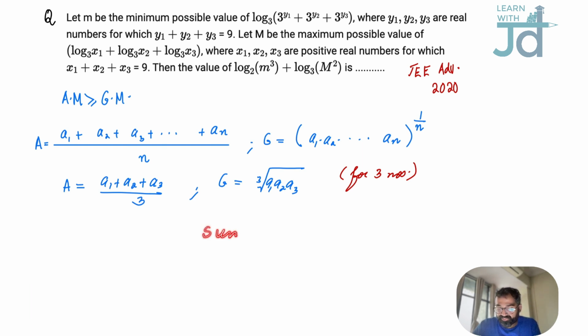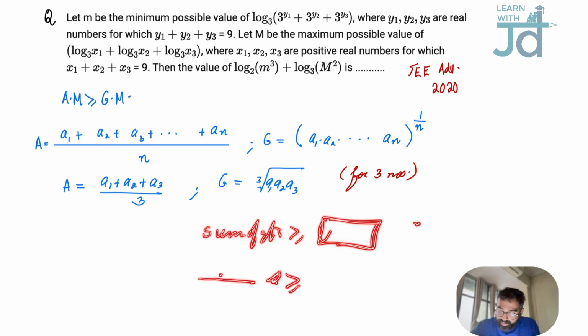When the sum of quantities is greater than or equal to some number, or we can say the product is always like this, and we take the root. So the product is less than or equal to something, then we have to use AM greater than GM.